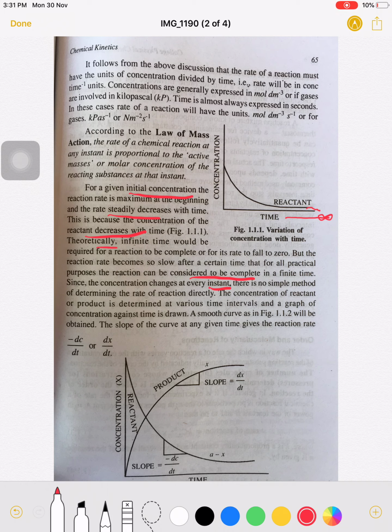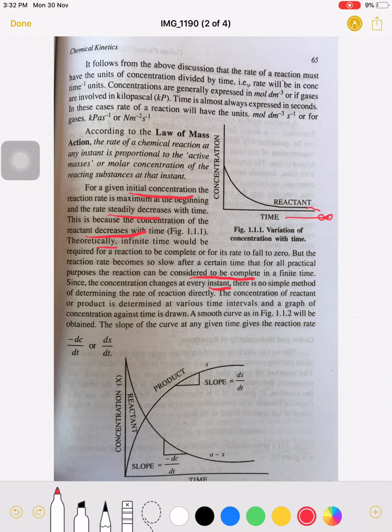The concentration of reactant or product is determined at various time intervals, and a graph of concentration against time is drawn, a smooth curve. Now see this figure, which will be obtained, and the slope of the curve at any given time gives the reaction rate.